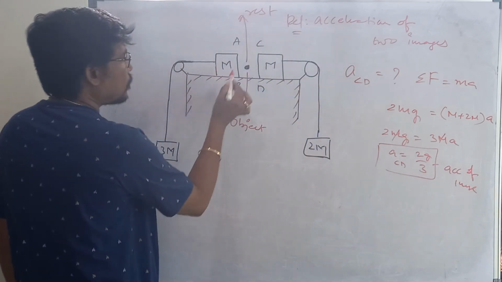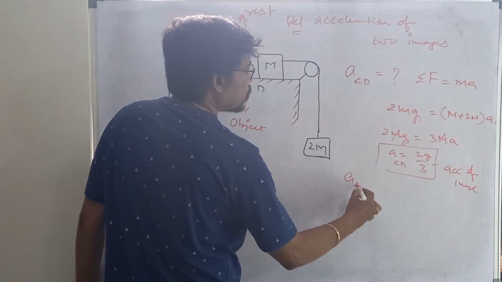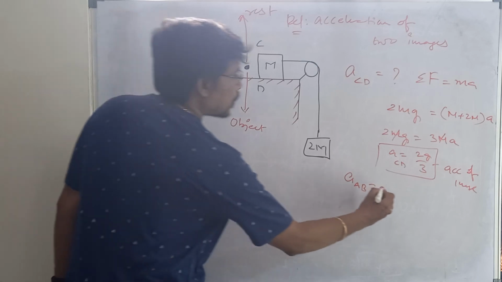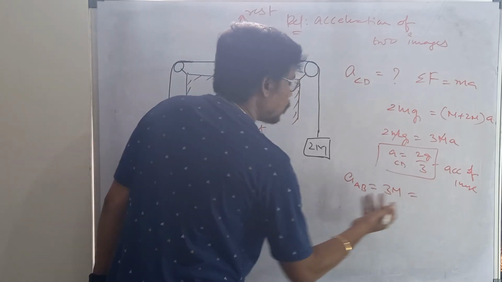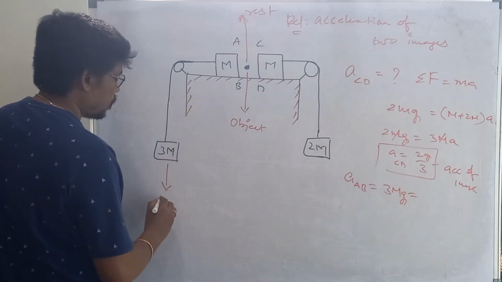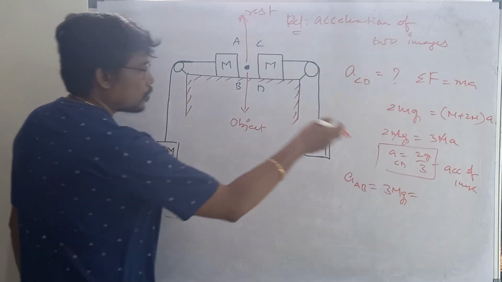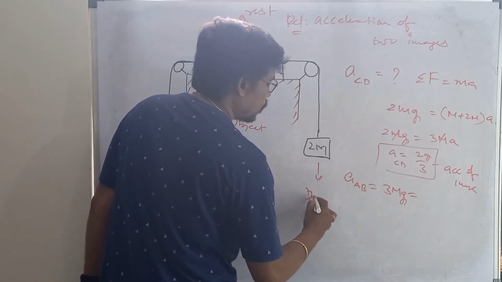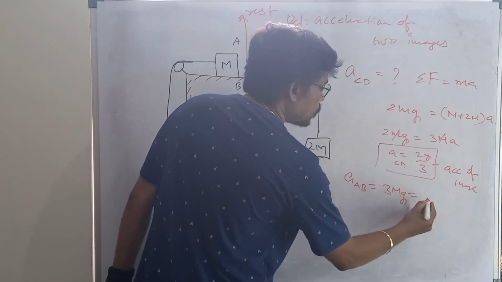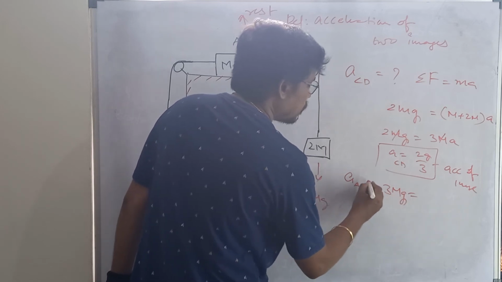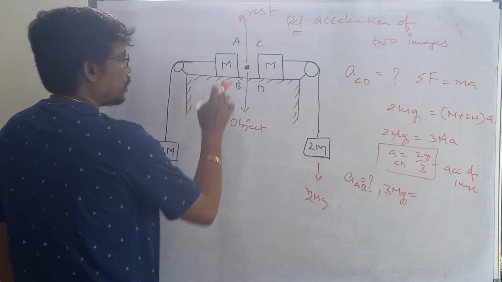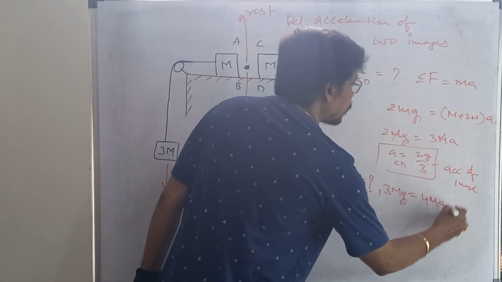Similarly, for the acceleration of AB, I can write the equation: this mass is 3m, so 3mg is equal to the total mass, 3m plus m is 4m, 4ma.